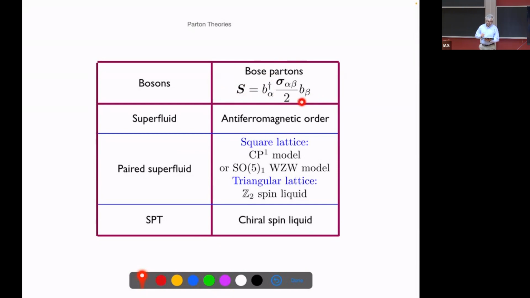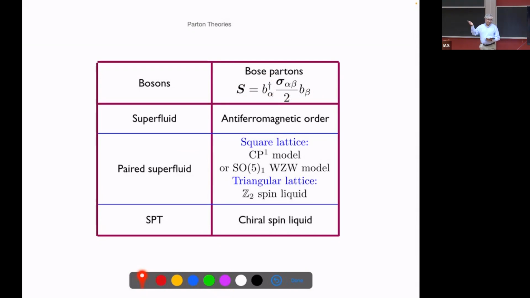And the difference in the right column, of course, is that once you make a Parton decomposition, there's a gauge field. There's some kind of gauge symmetry introduced anytime you make a Parton decomposition. And so you have to worry about the effects of the gauge field.